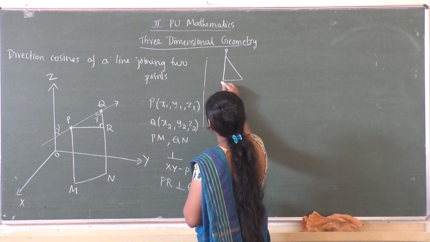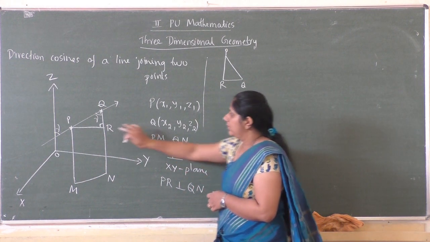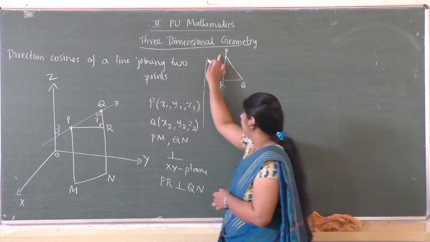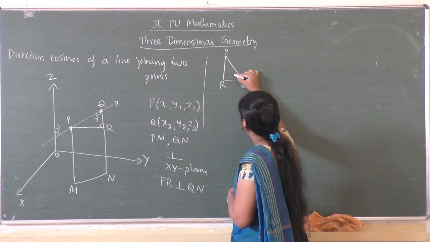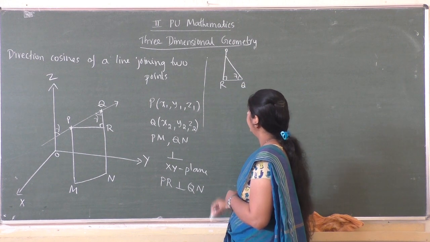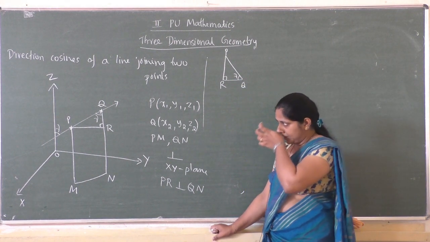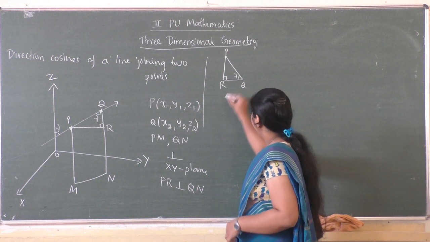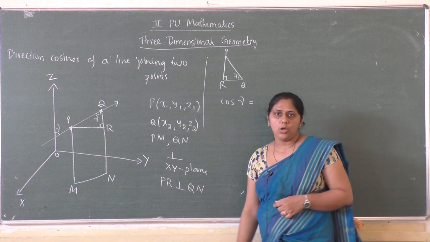This is P, this is R and this is Q. In triangle PRQ the angle PQR is gamma and this is 90 degrees. Now, from this triangle, can I find the value of cos gamma?